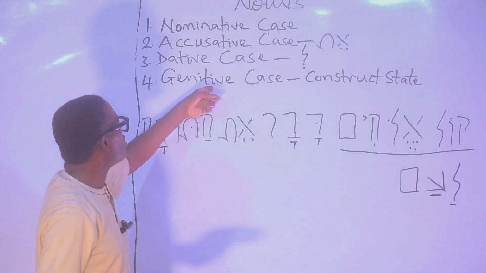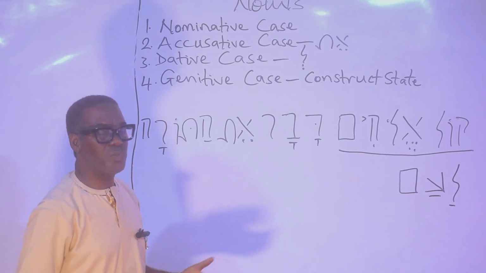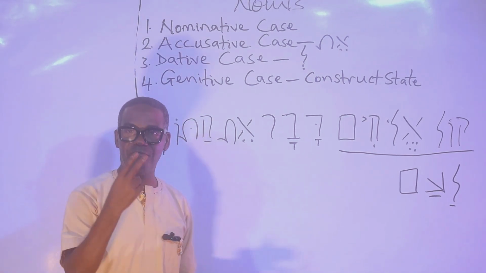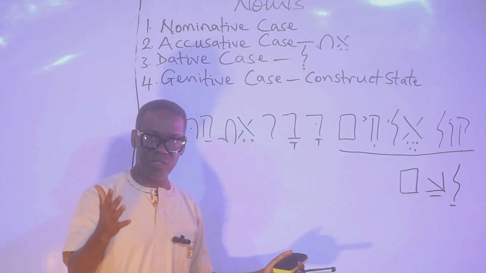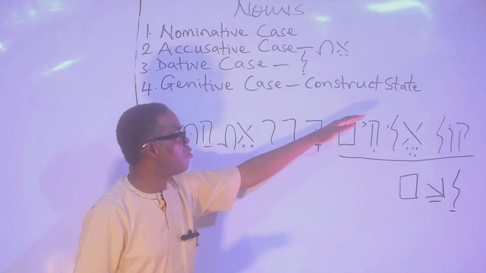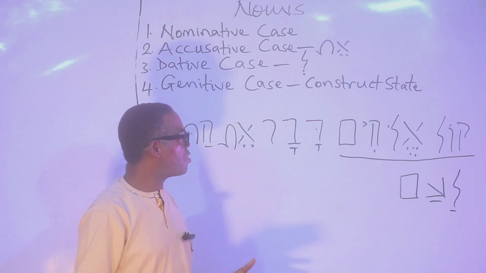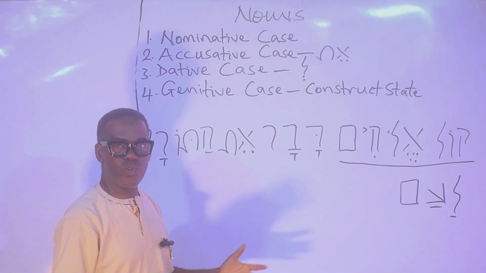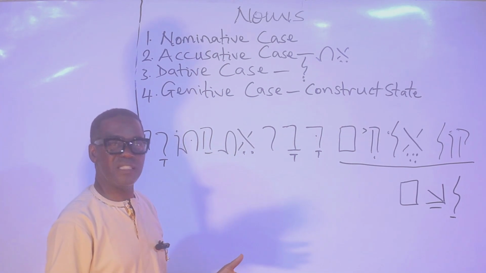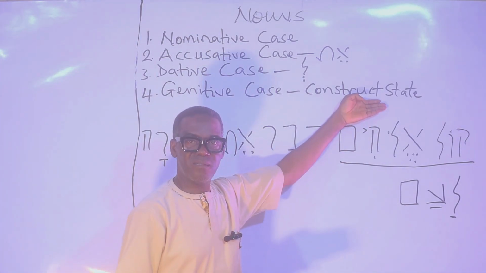Then it also shows genitive case. In Hebrew, there's no word for of, as we have it in English. So what Hebrew does is to put two nouns in juxtaposed position, and when that is done, they are considered to be in construct state.